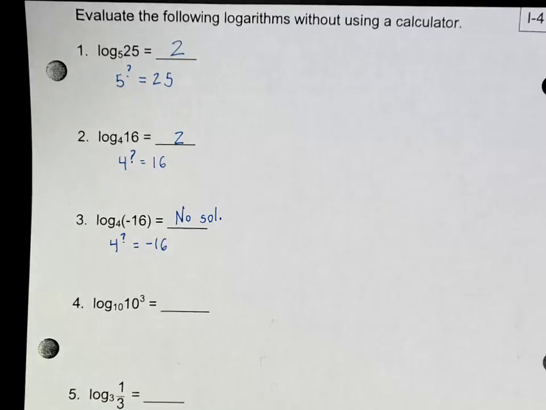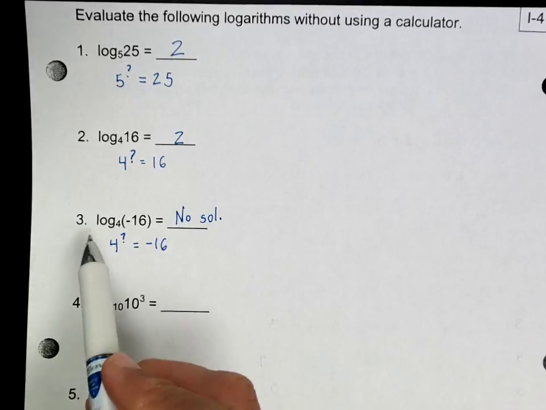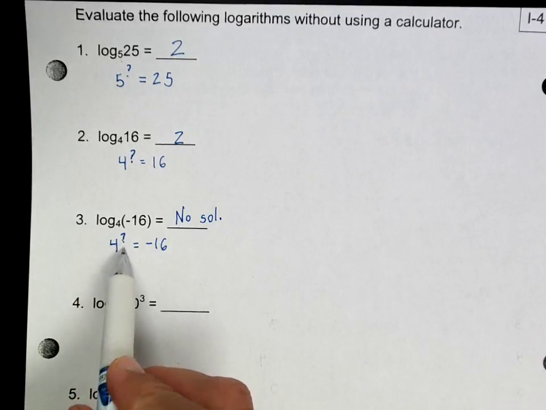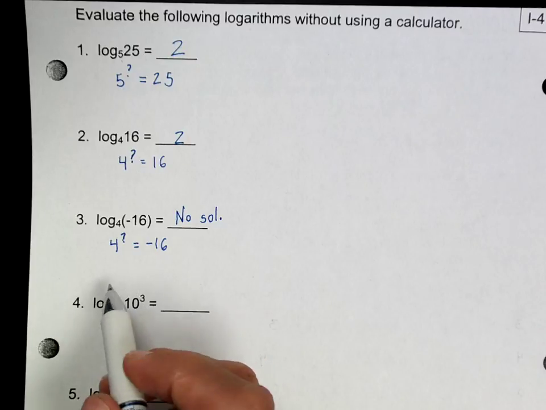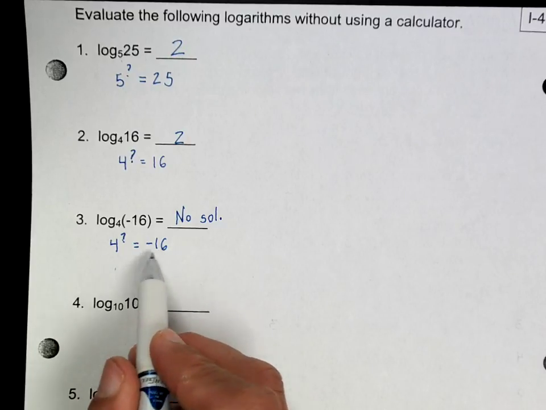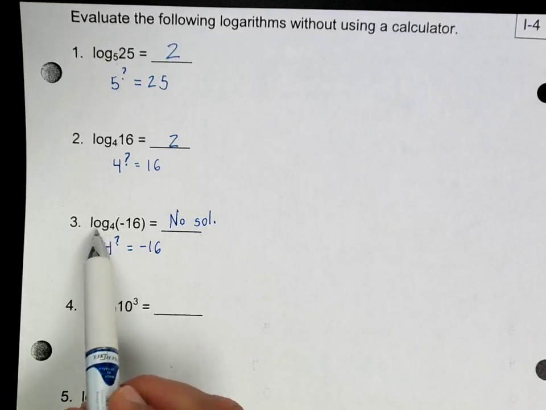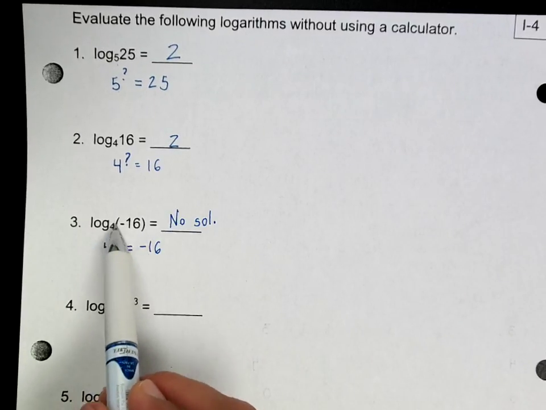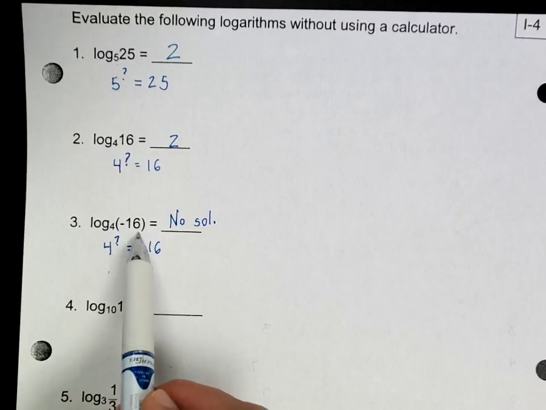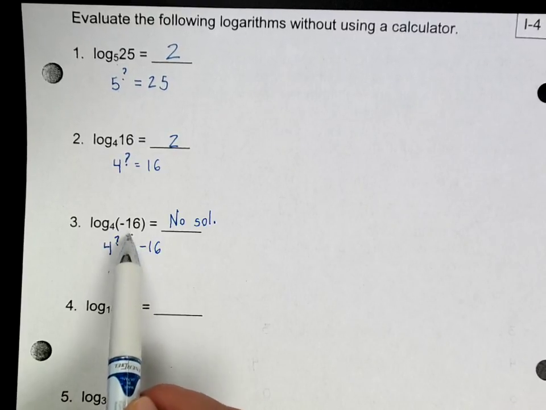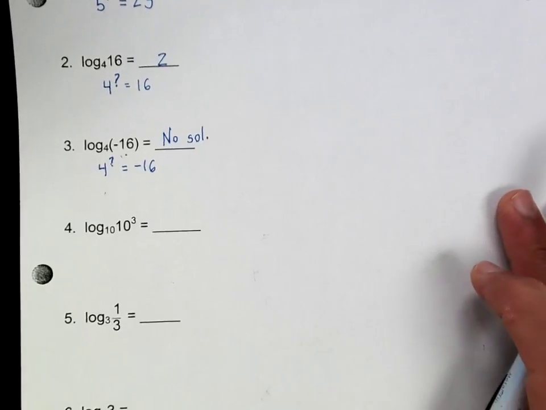It's a no solution, all right? So again, it's a trick question because no matter what I put here, 4 squared is 16, I know that, but I cannot make a negative, so there's no solution. And in general, any logarithm where you have a negative in here, that's never going to happen. So those are automatically no solution? Yeah.